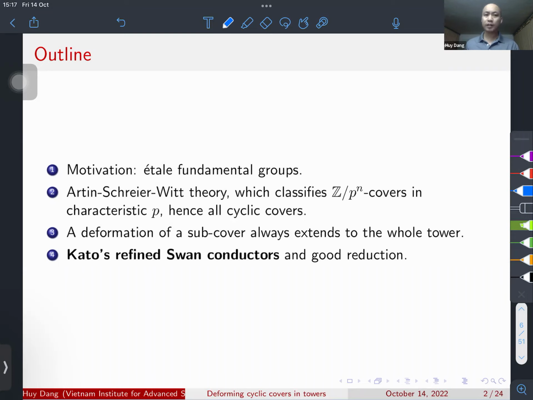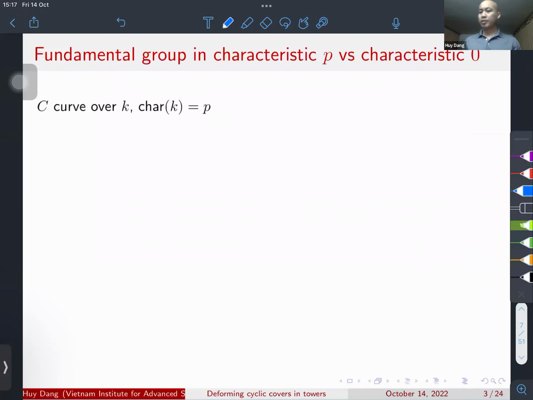All right, so let me first go to the motivation: fundamental groups in characteristic p and characteristic 0.